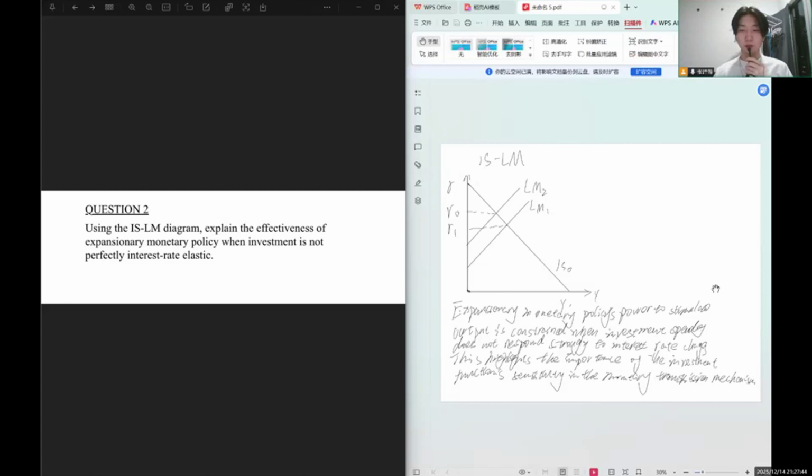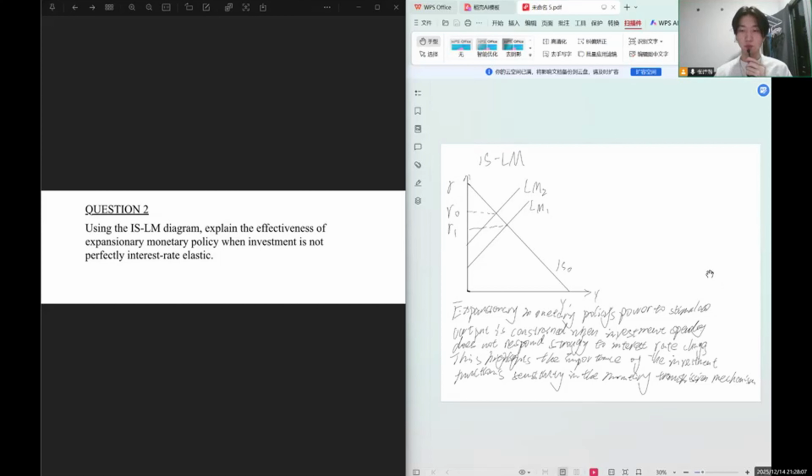The interest rate elasticity of investment determines the slope of the IS curve. The less sensitive investment is to the interest rate, the steeper the IS curve.